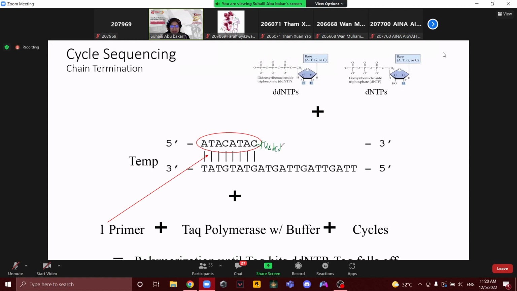Here suddenly comes ddT. What happened? Is there any polymerization? When ddT attaches to this one, does polymerization still happen? Continue or not?